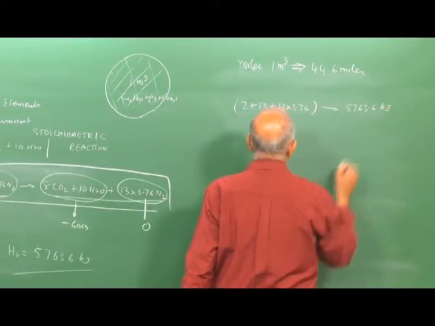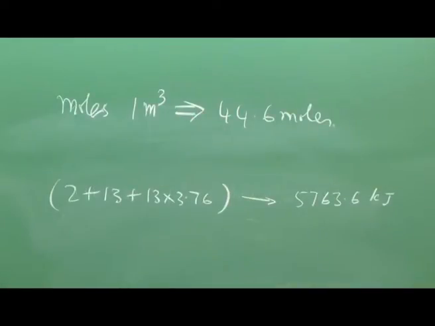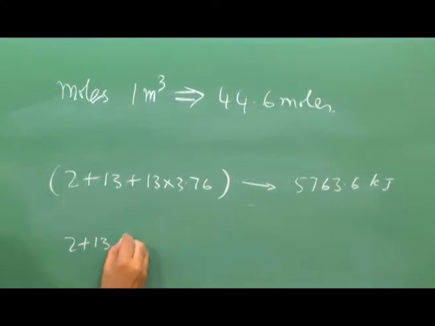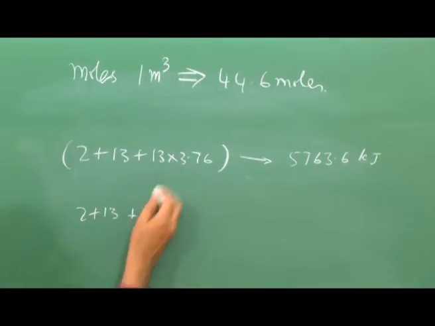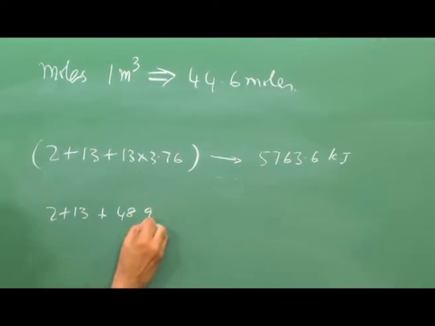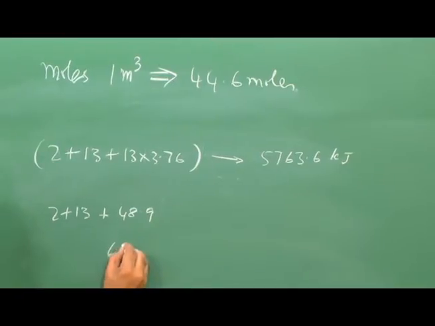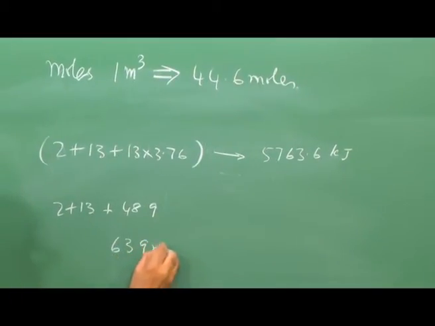kilojoules. If I put this, 13 into 3.76 comes out to be 48.9, so 2 plus 13 plus 48.9 is equal to 63.9 moles.